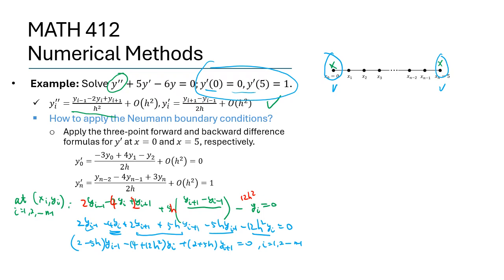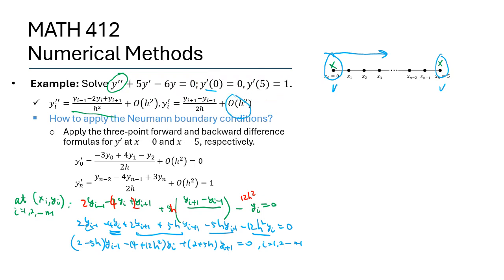For the left endpoint, you cannot go back one, so we only have the choice of a forward difference formula with the same truncation error, big O of h squared.